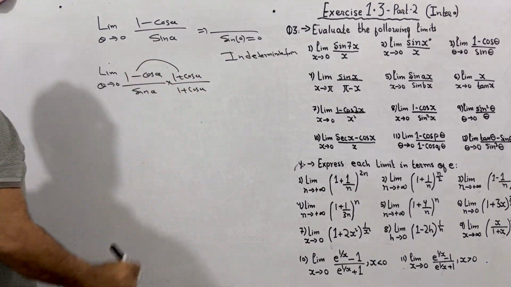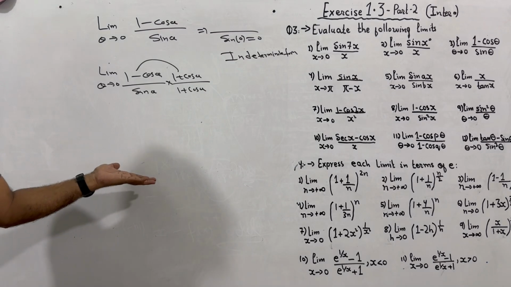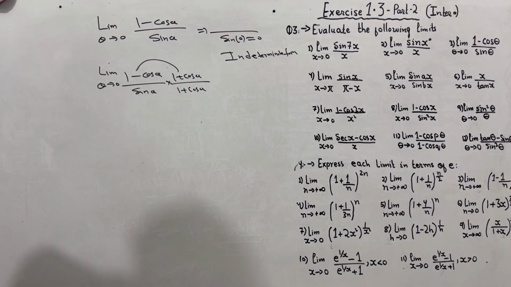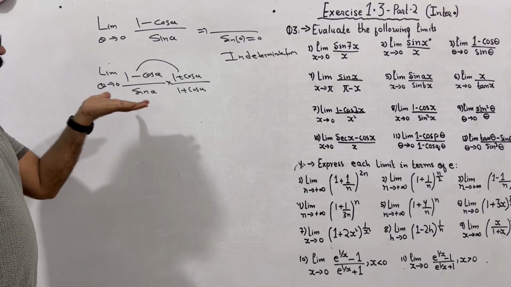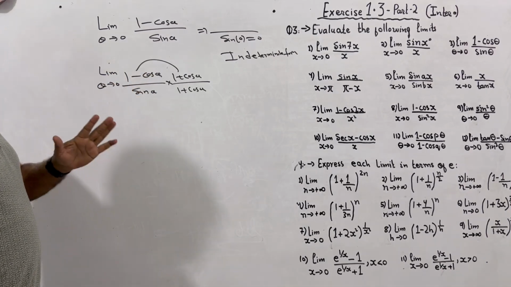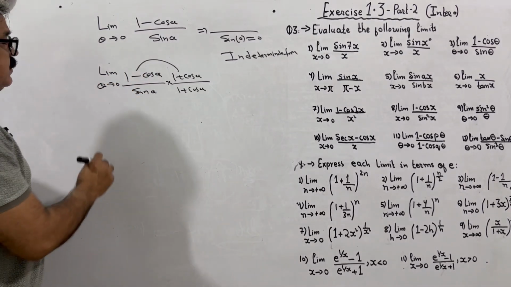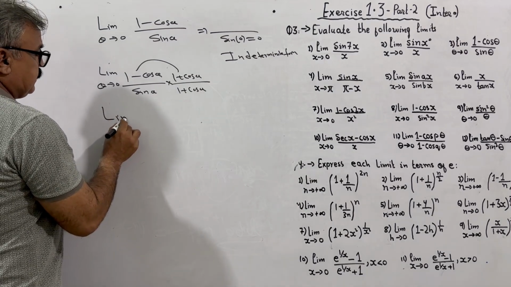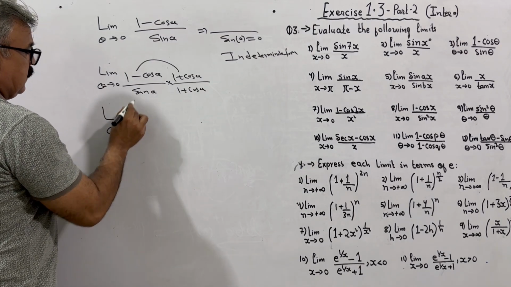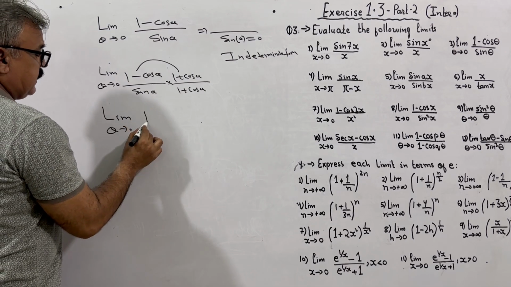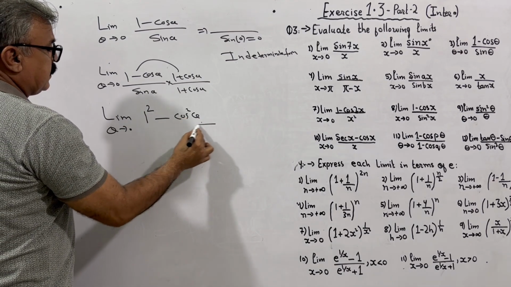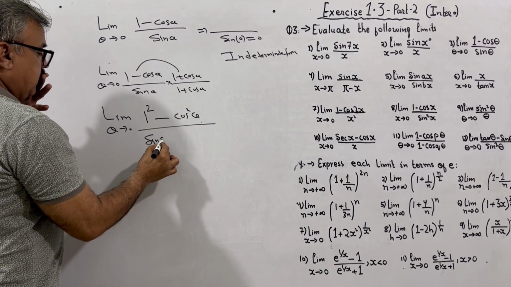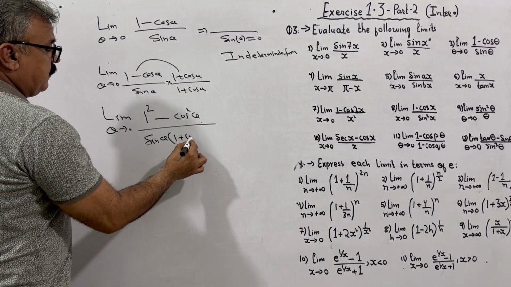Whenever we rationalize, a difference of two squares props up, whether in numerator or denominator. So in the numerator we have 1 minus cos theta times 1 plus cos theta, which is 1 square minus cos square theta, over sin theta times 1 plus cos theta.